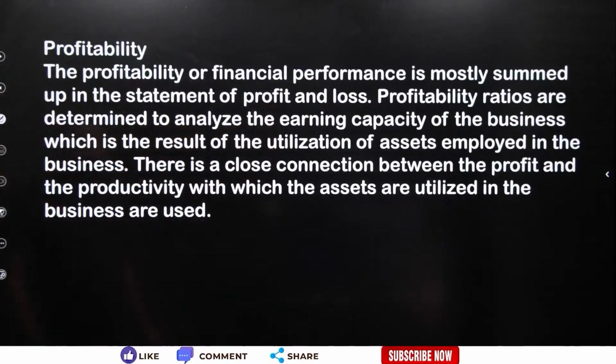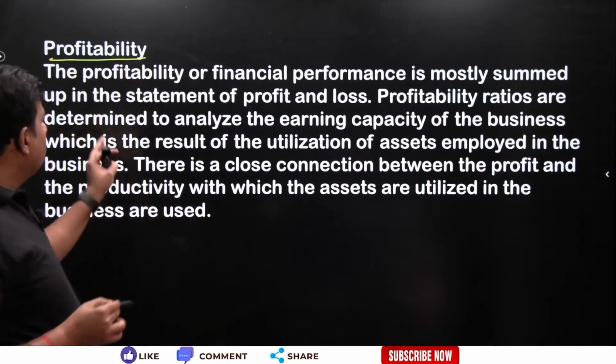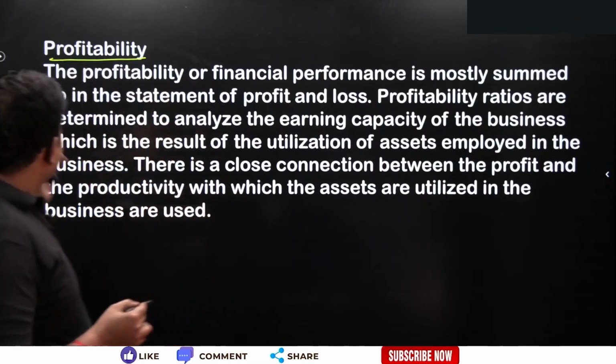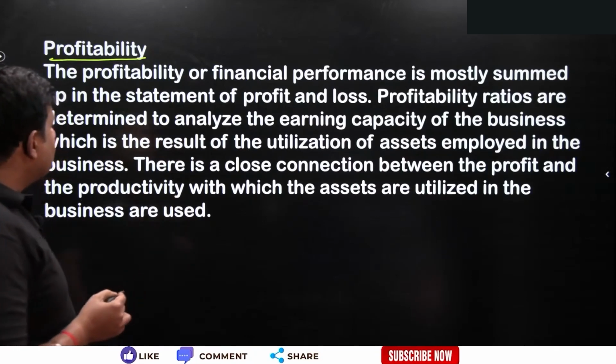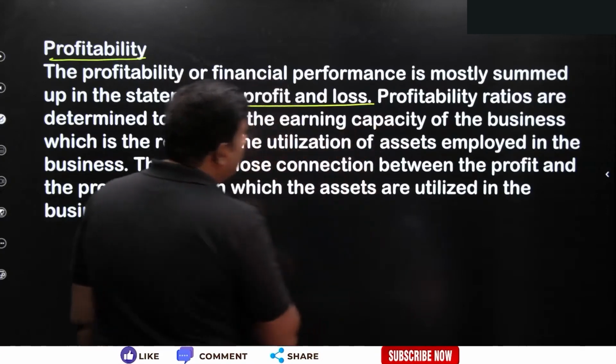So first of all, we need to understand what is a profitability ratio. So when I am talking about the profitability ratio, it's really simple. It is derived from the word profitable, right? So the profitability or financial performance is mostly summed up in the statement of profit and loss account. Definitely we are talking about the profit.